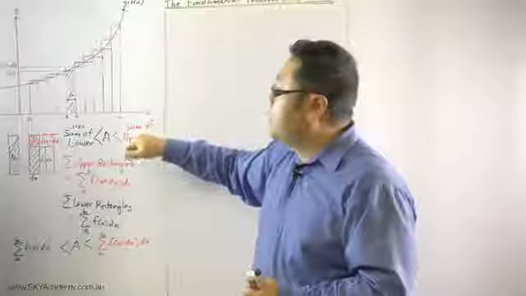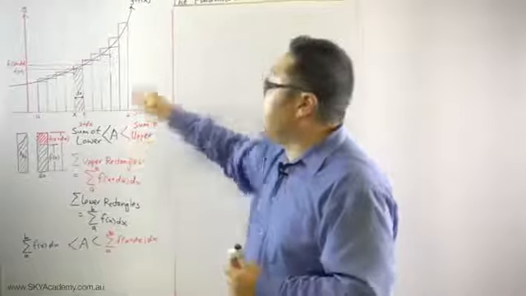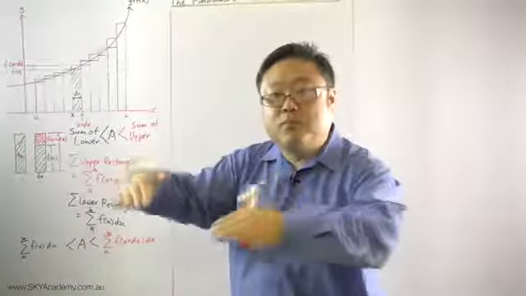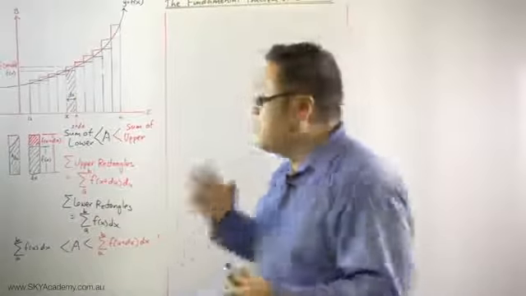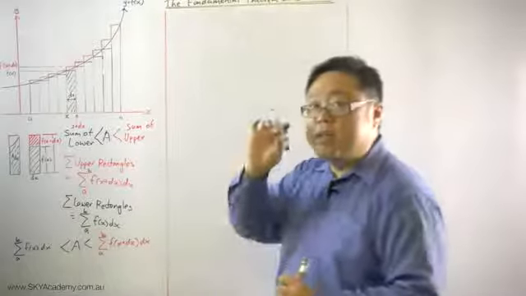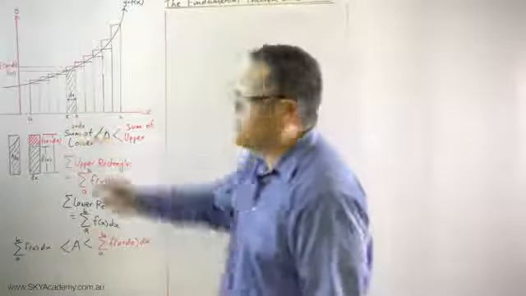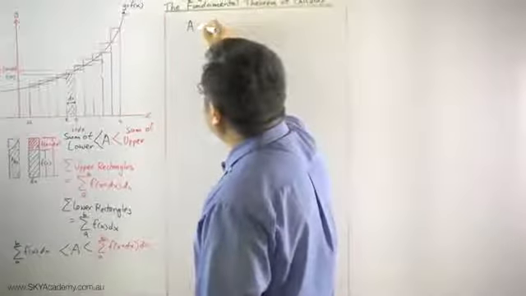And by making the strips narrower and narrower, the sum of the upper rectangles will get smaller and smaller until it approaches the actual area. Does that make sense? So when we apply the limit of dx approaching 0, what you get is the actual area.